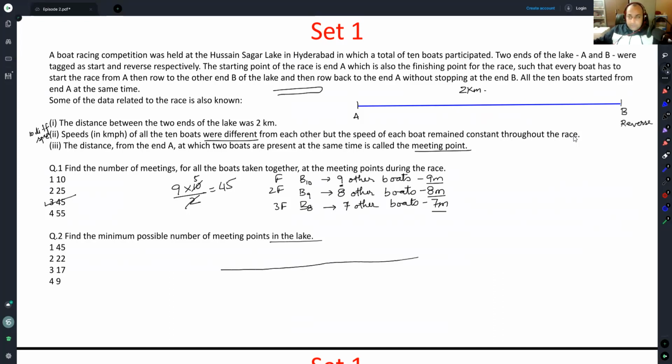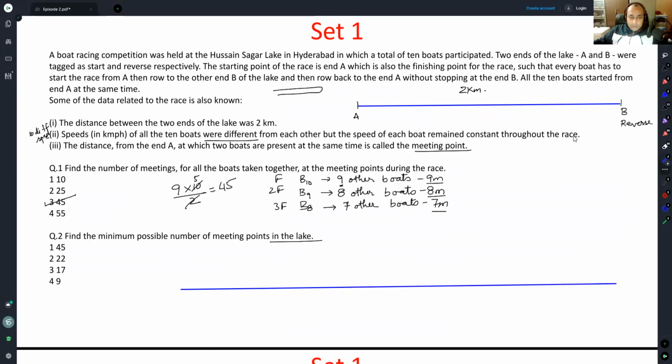I know, let me draw a line all over again. This is A, this is B. I know that boat 10, or the fastest boat, will definitely meet 9 other boats.